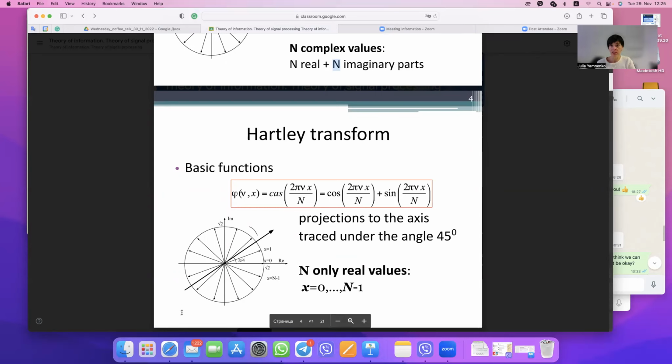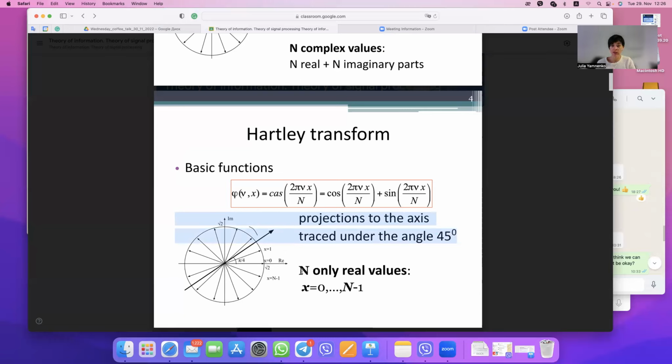In order to represent them correctly on this coordinate plane, we should build some additional axis under the angle pi/4, so it means 45 degrees. So this is the additional axis, and all positions of the vector of the basic function can be represented by its projection to this axis that is traced under the angle of 45 degrees.